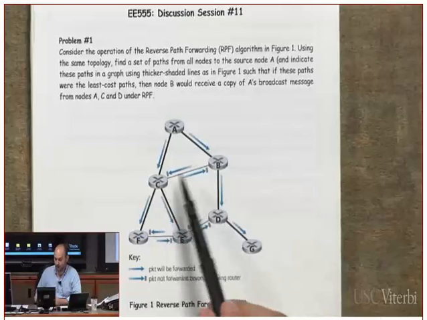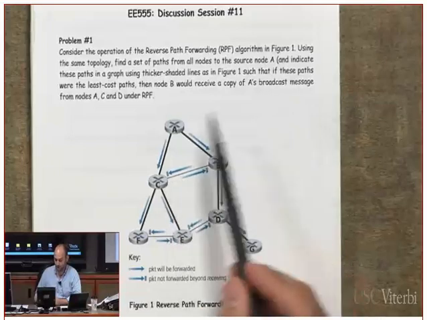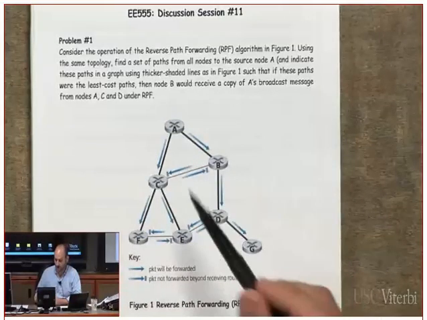Okay. Now let's see the case of D. We'll draw the diagram later. We want D to deliver the packet to B. What can give such a case? Applying RPF, D to B. It should come from here.